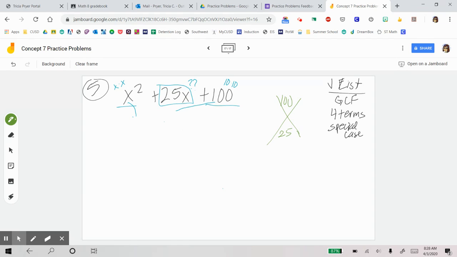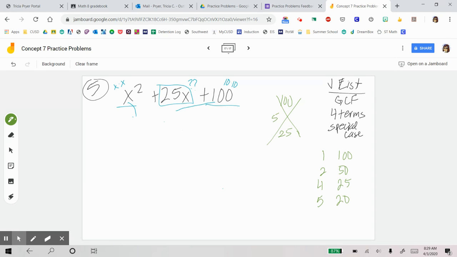So if you think about the factors of 100, you have 1 and 100, that doesn't help you get 25. 2 and 50, again, doesn't really help. 3 doesn't go into it, but 4 goes into 100 25 times. That doesn't really help me get 25. 5 goes into 100 20 times, so 5 times 20 is 100, and 5 plus 20 is 25.